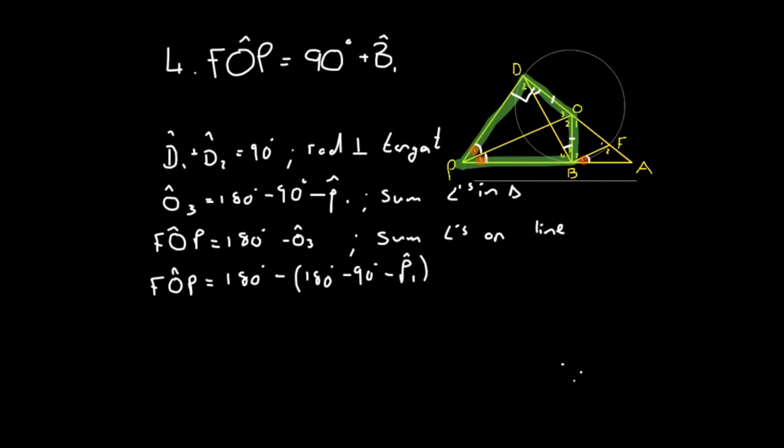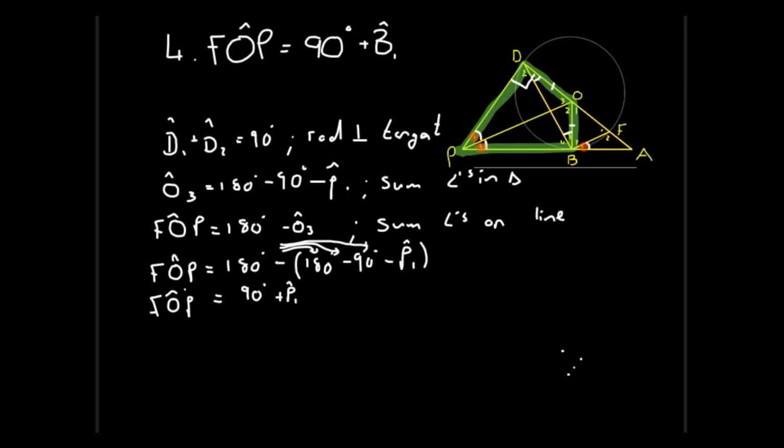Now, if you had to simplify that, you would get positive 90 plus angle P1. Remember, you're distributing the minus in. For those that are slightly confused, this minus distributes in, and you would simplify and solve. Okay, fantastic. So we have FOP is 90 degrees plus P1. But what does the question ask us for? 90 degrees plus B1. And like I just explained, if we can show P1 is the same thing as B1, we're good. So let's go do that.